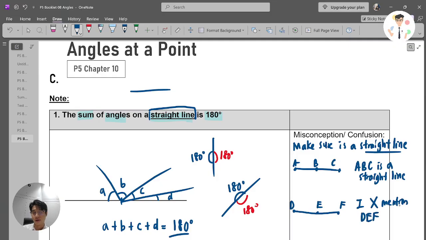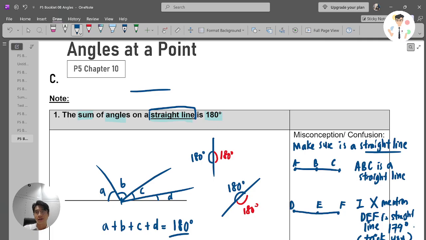I don't mention it, which means I actually did not tell you in the question that it's a straight line, and I let you assume on your own that it's a straight line. But is it a straight line? No. I might actually adjust it in such a way that it is 179 degrees, right? Why? Because I want to trick you into thinking that it's a straight line. You get what I'm trying to say?